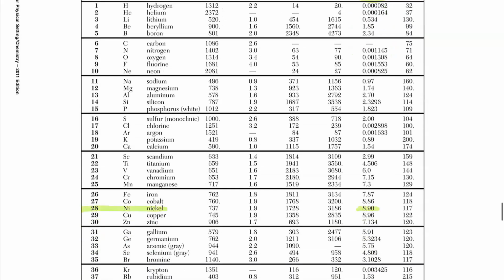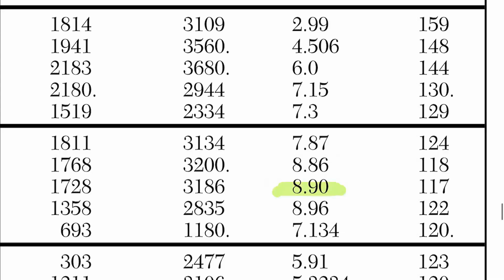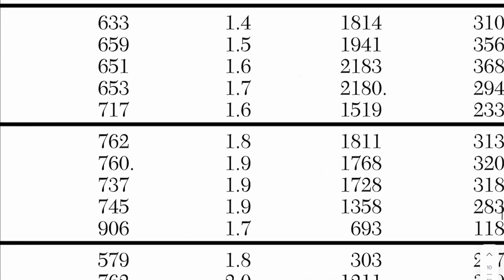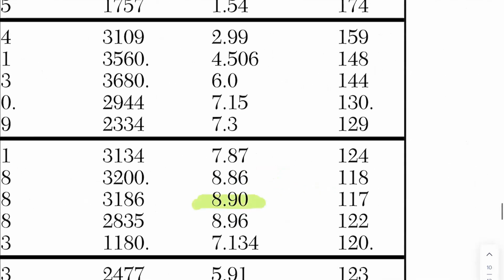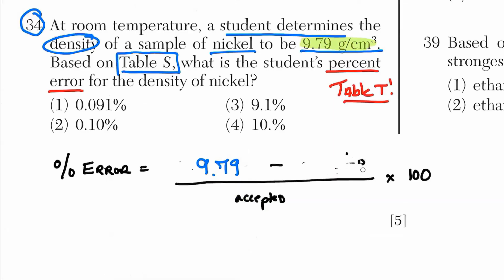That's really all we're doing, looking for that, and of course that is for nickel. So 8.90 is the known value. That's where they told us to look. Let's put that in our formula. We're going to put the 8.90 right in for the accepted, and we have our equation that we're essentially plugging and chugging.